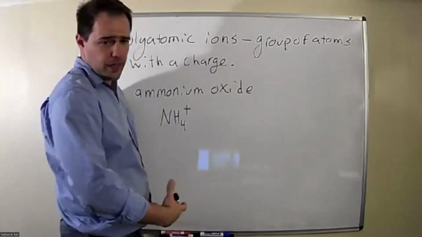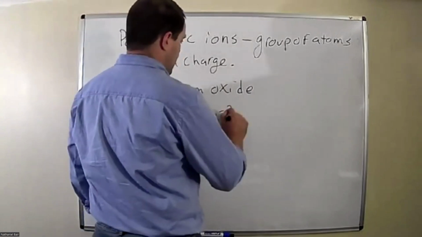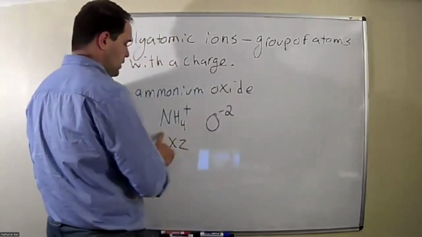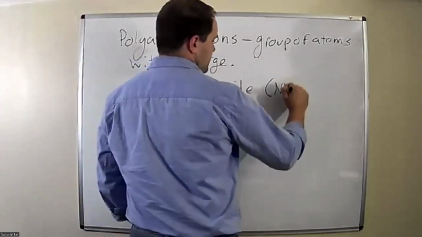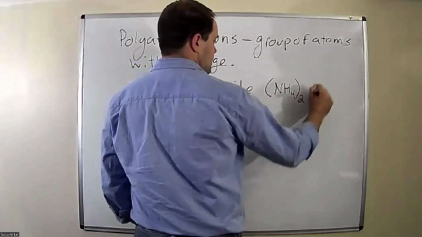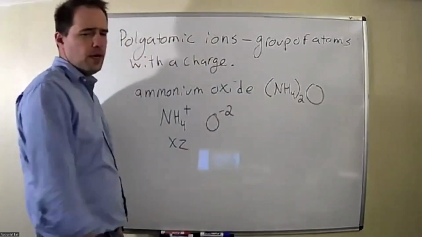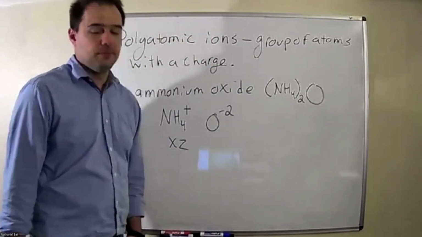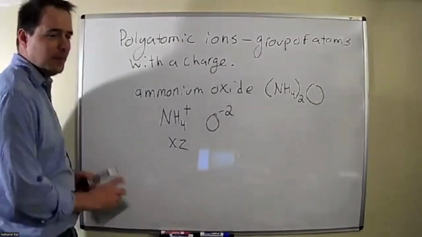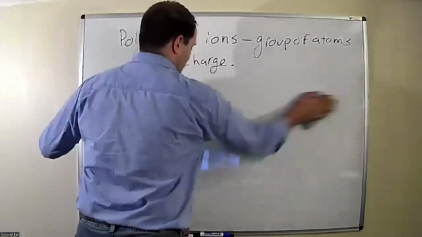Oxide, find it on the periodic table. Oxide rocks the -2. I need 2 ammoniums to cancel that out. It's going to have to go in parentheses. Parenthesis NH4, parenthesis 2O. That's ammonium oxide. All right. Let me give you a couple here.